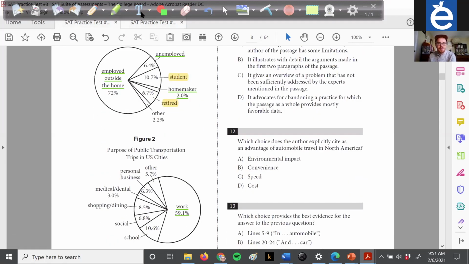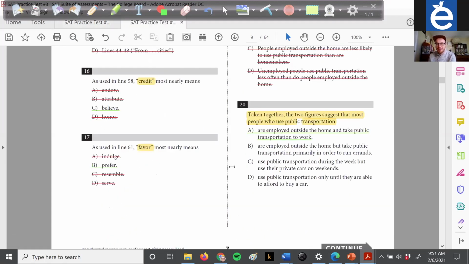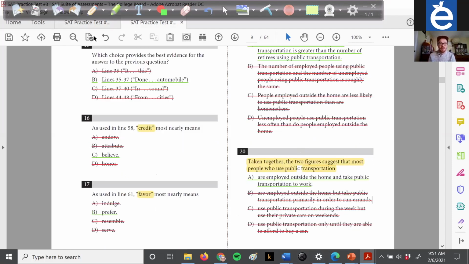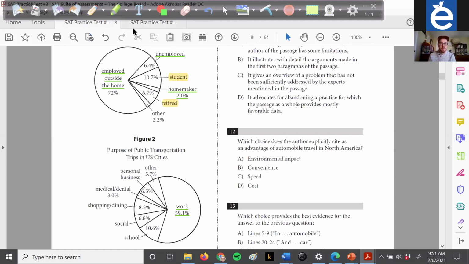That's a misdirect. Use public transportation only until they are able to afford to buy a car. Again, not a thing that these tables are covering. That might be true, that might not be true. The graphs don't tell us, and we're only being tested on what the graphs say.